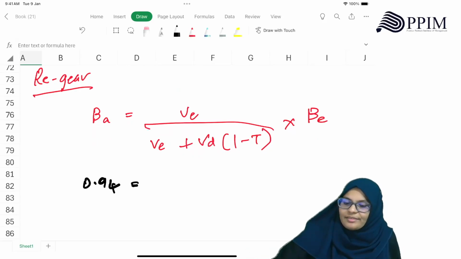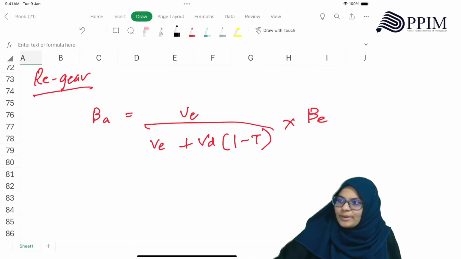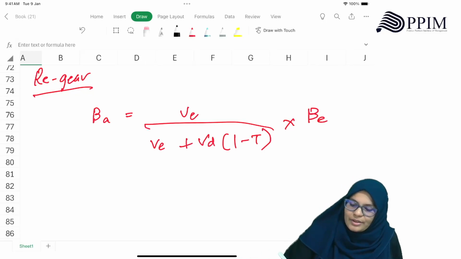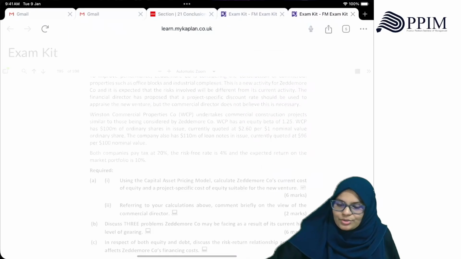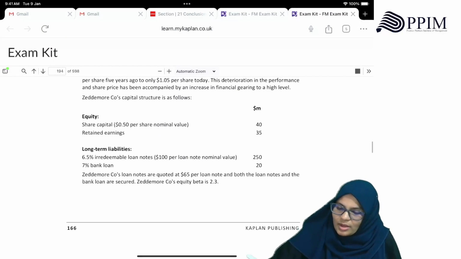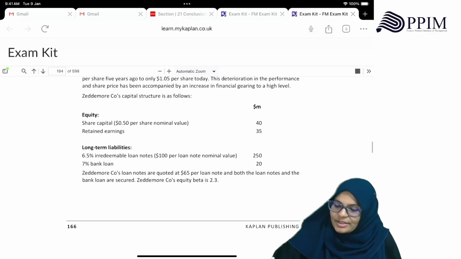Now careful here, when you're taking value of equity in this case, you shouldn't take the other company WCP's value of equity, right? We have to take ZMO's value of equity. So 0.94 should equal the value of equity in our company. So let's go there. You can see it's 40 million, but the nominal value is 0.5. So 40 divided by 0.5 will give you the number of shares in issue.